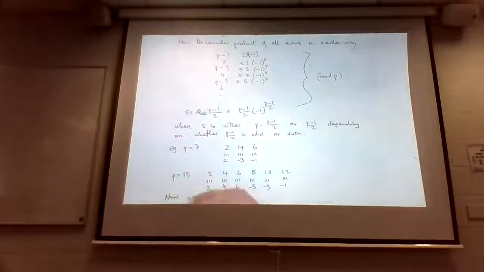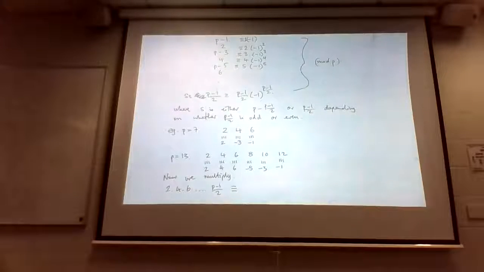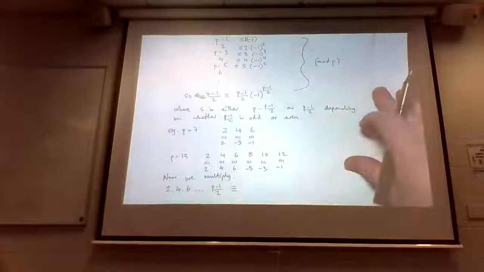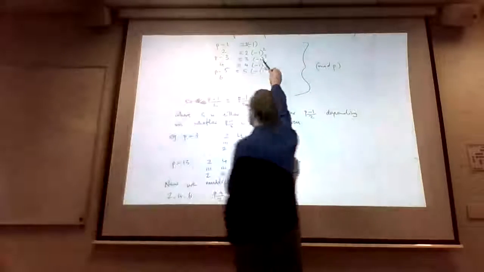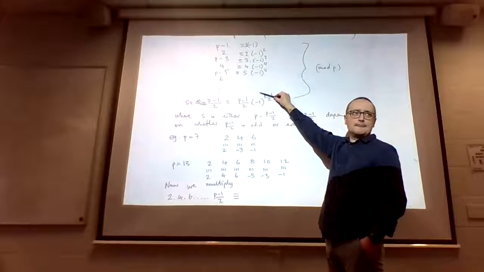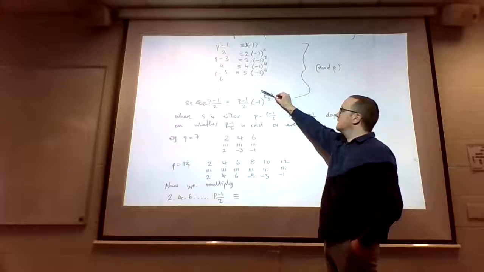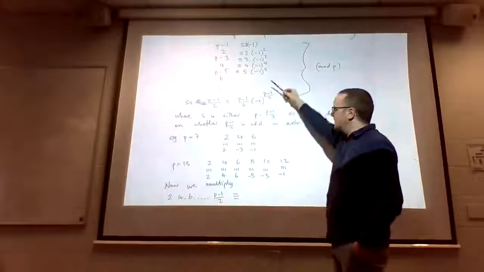We've got 2 by 4 by 6, all the evens, all the way to (p minus 1)/2, except now I'm taking them in a modular, a congruence. And what I'm going to do is multiply together all these right-hand sides. And that's going to come down in a very interesting way.